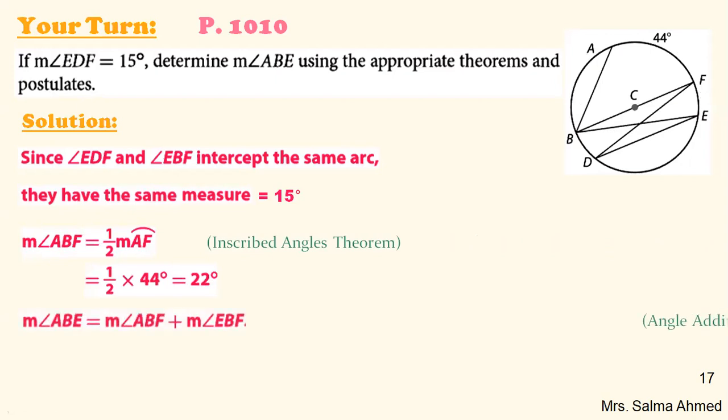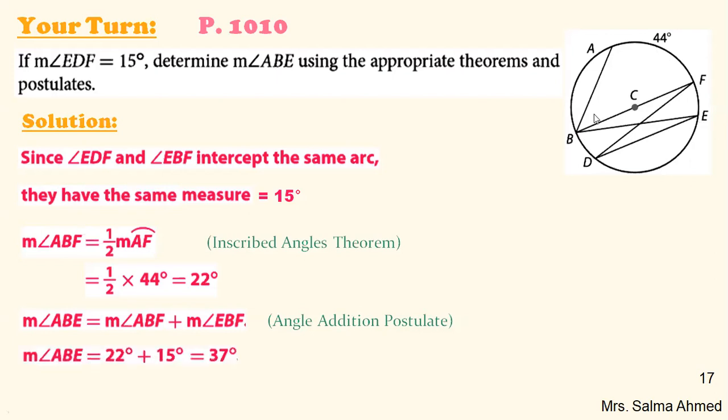By using the angle addition postulate, the measure of angle ABE is this angle plus that angle. So the measure of angle ABF plus the measure of angle EBF. I'm going to add this angle plus that angle. It gives me 22 plus 15, it gives me 37.